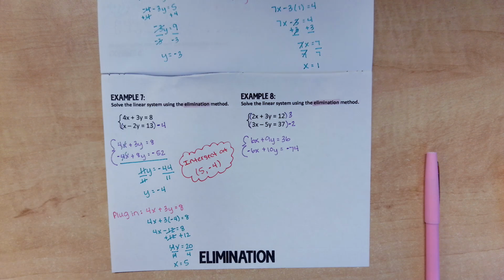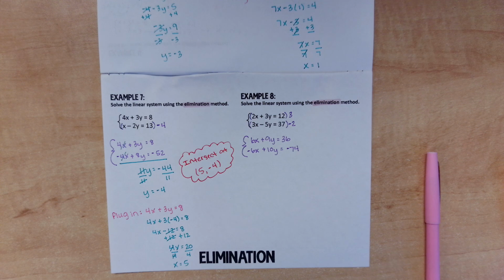So again, this is why I say elimination can tend to be difficult, especially if you forget that distributing piece of multiplying every single thing in the parenthesis. So at this point, I want you to pause the video and I want you to attempt on your own.